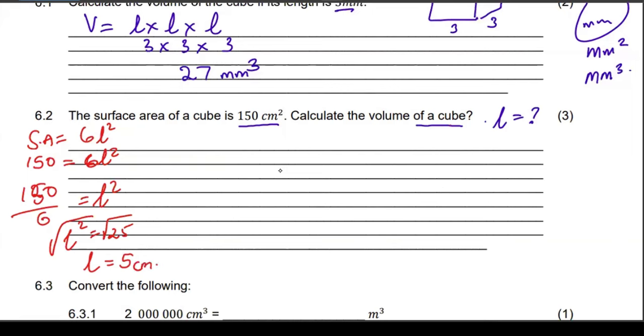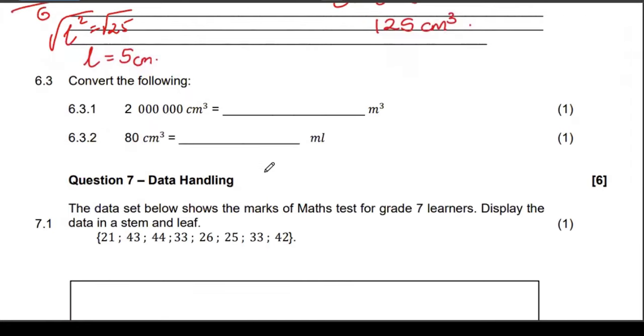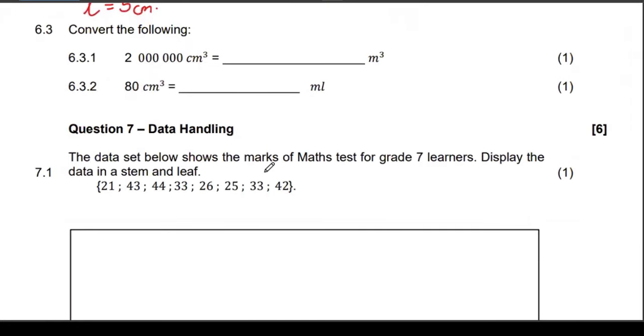But the question wants what? The volume. So volume is length times length times length, or someone can say length cubed. So it's 5 times 5 times another 5, which gives us 125 centimeters cubed.